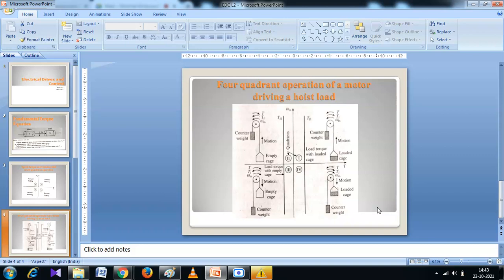And if the shaft now freely rotates, then what will happen due to gravity? The counterweight will go up and the loaded cage will go down. Good. The counterweight goes upward and the loaded cage goes downward due to gravity.